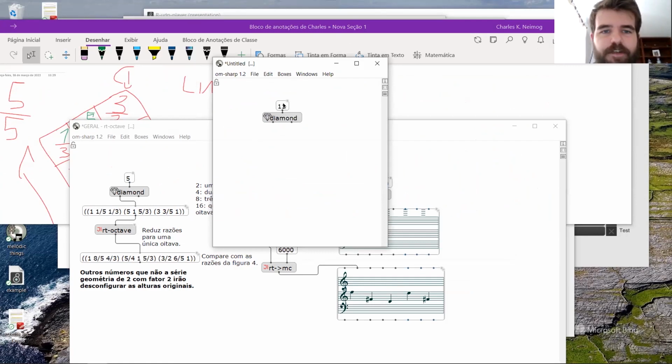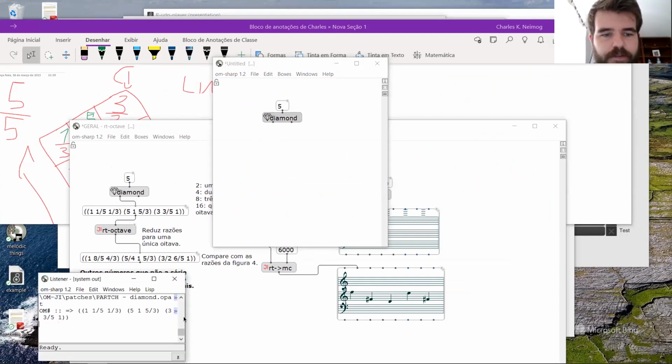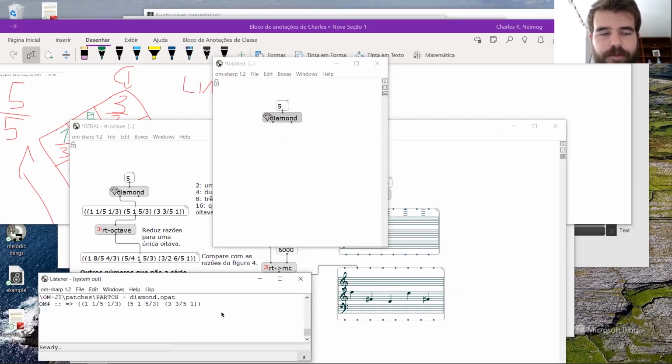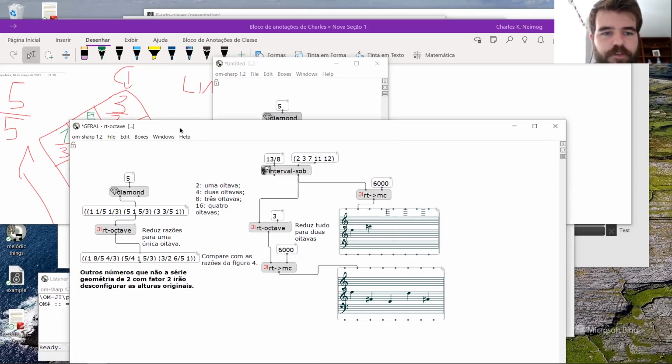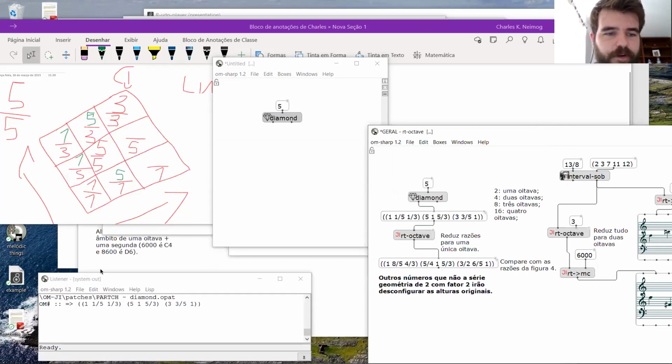Here we have a limit 5 diamond. In this outlet, we have all 3 otonal ratios, so we can compare. In the first diagonal we have 1, 1 by 5, 1 by 3, then 5 by 3, then 3 by 5 and 1.